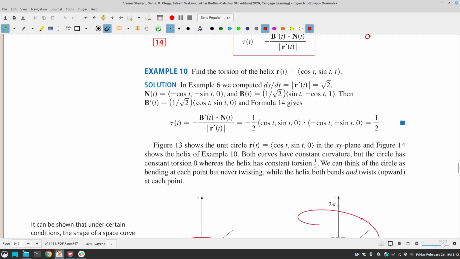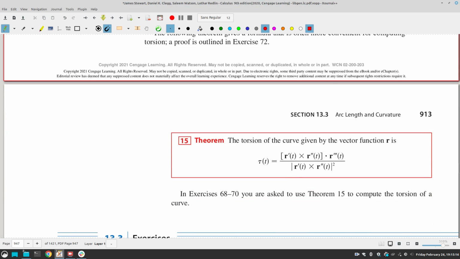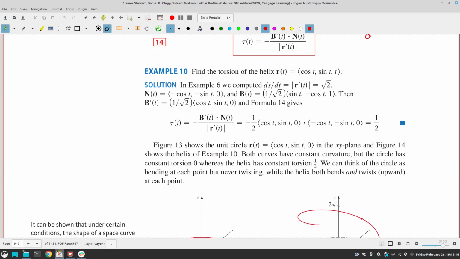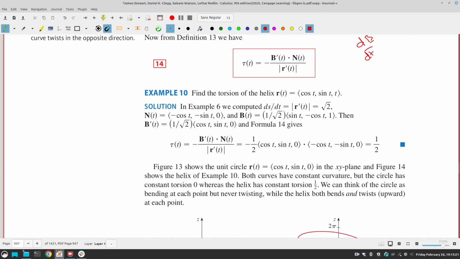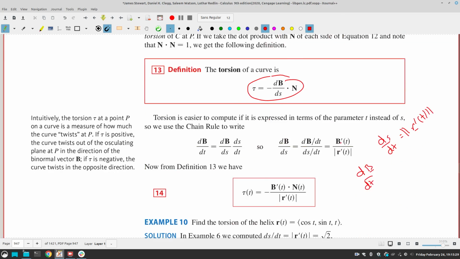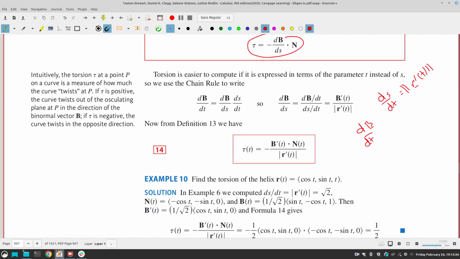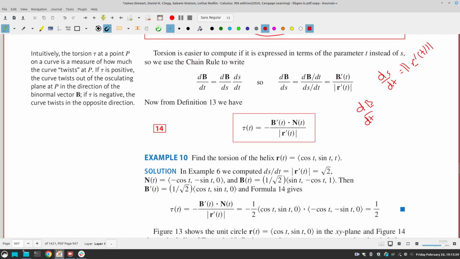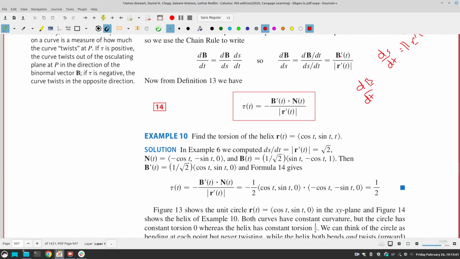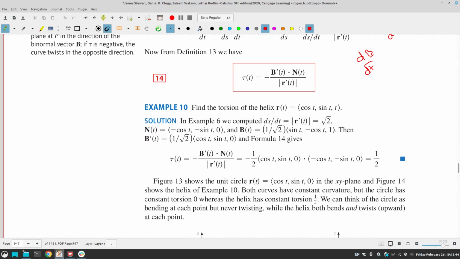Okay, so what have we left? We have left this bit. Find the torsion of the helix r(t) equals cosine t, sine t, and t. I'll write down these definitions in the PDF notes and upload them later. We know ds over dt, so we can use this as a working definition for the torsion.